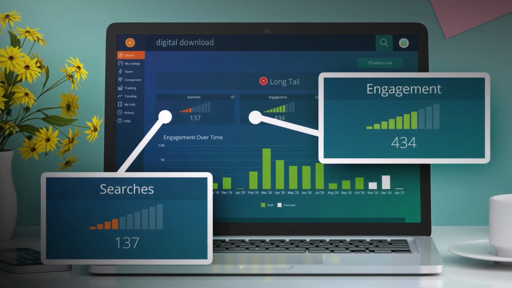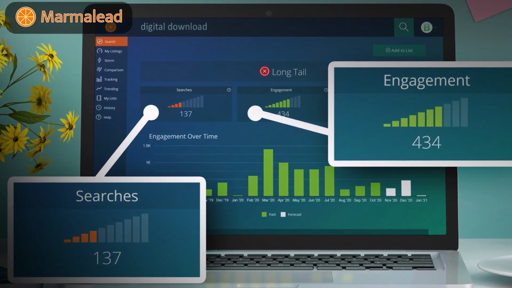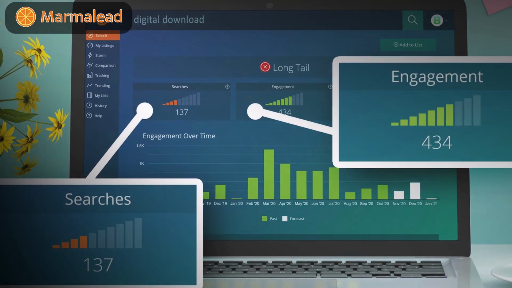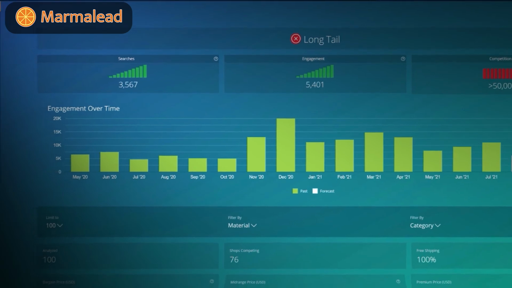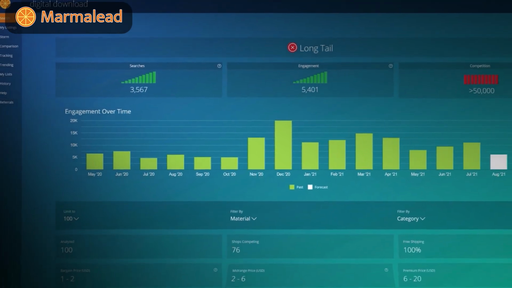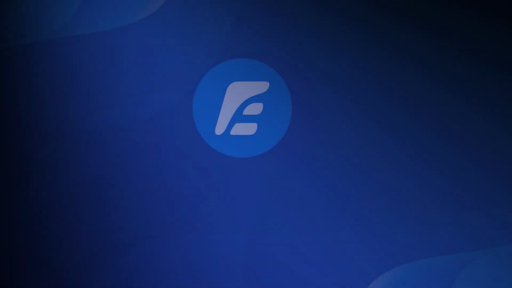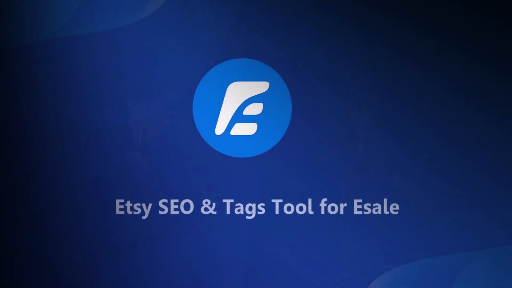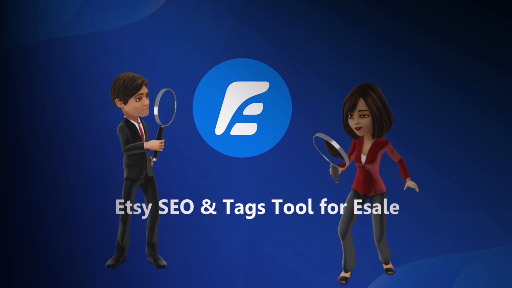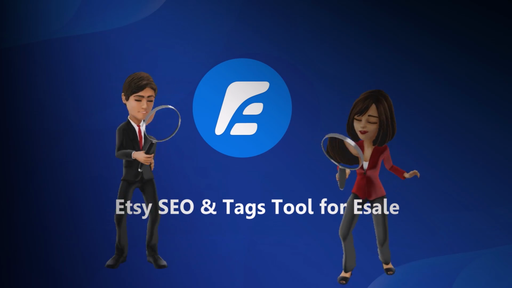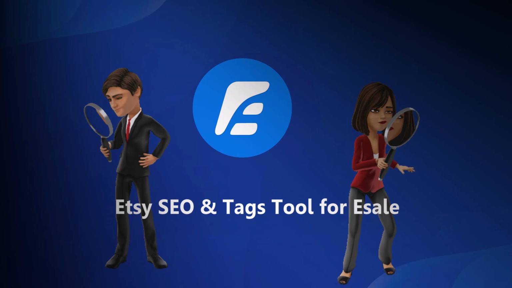In the next videos, I'll show you how to use Marmalead, a service that offers tools for analyzing trends on Etsy and conducting more in-depth market research. For now, I recommend installing the EASale extension. EASale is a tool for analyzing SEO and seller tags on Etsy.